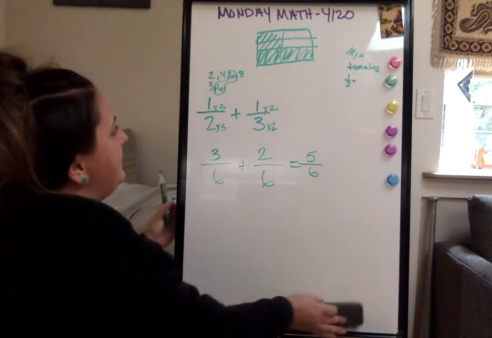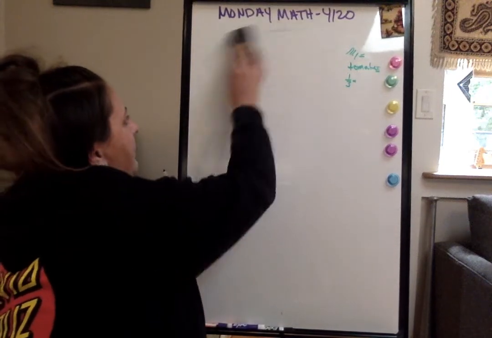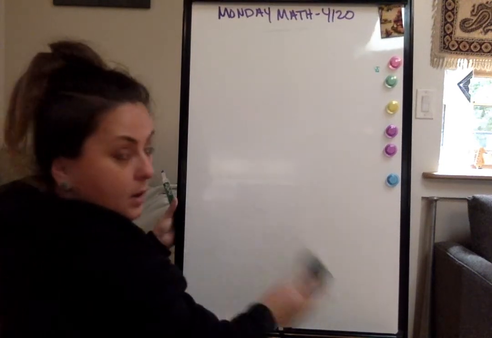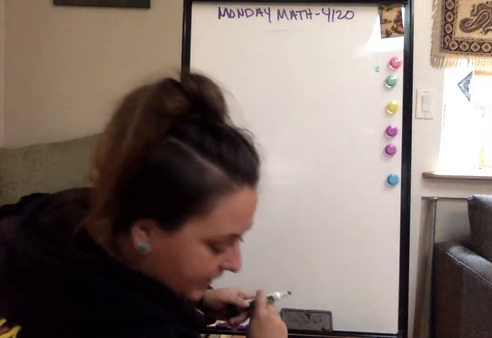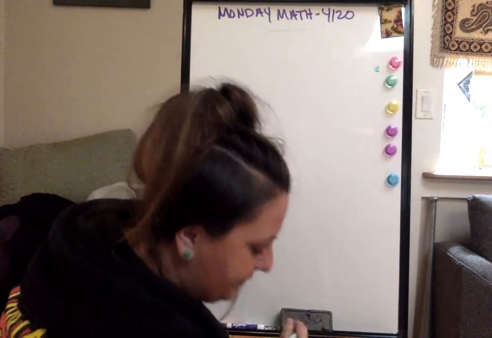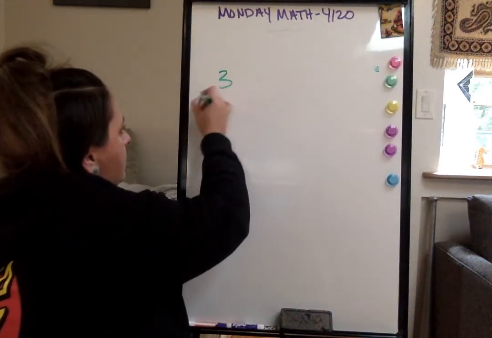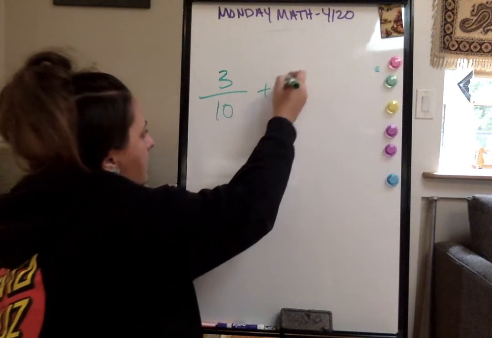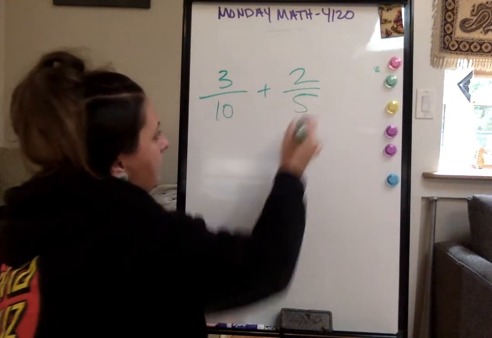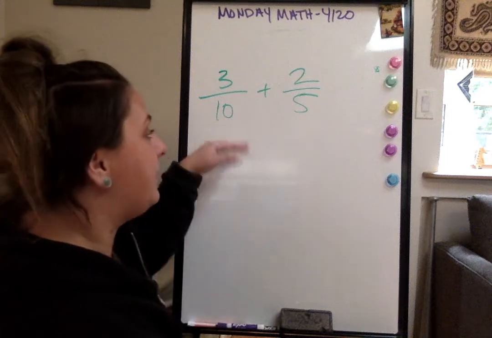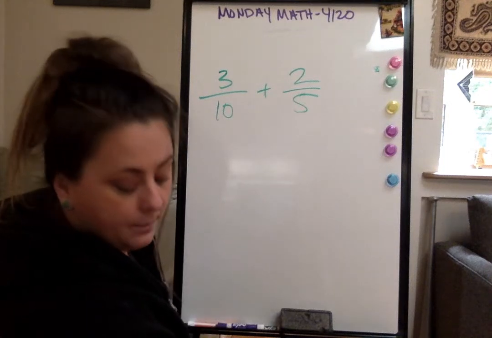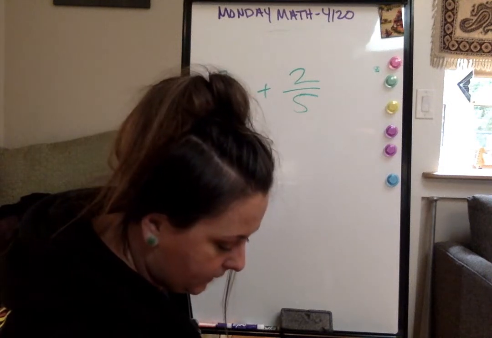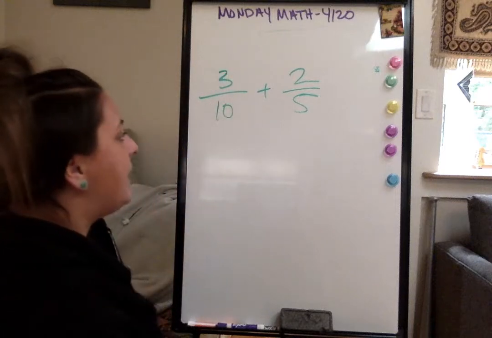Now we are asked to find the sum. Sum means add, of 3/10 plus 2/5. Now, can I add these together if my denominators are not the same? No, I cannot. So I have to think.